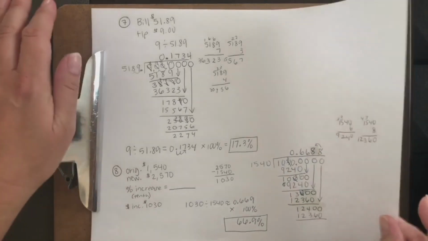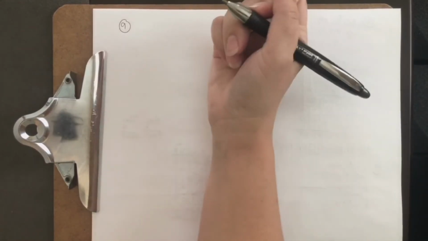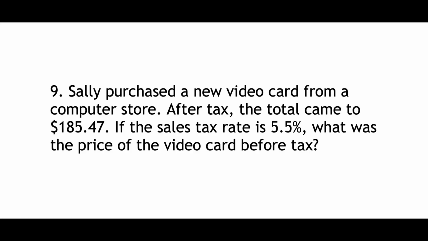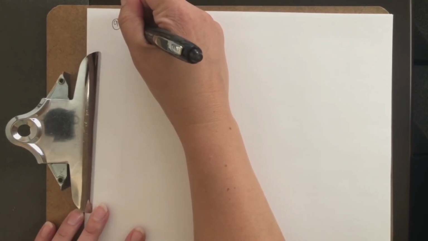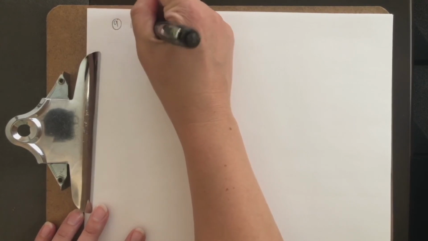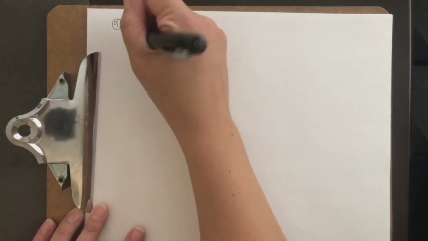Okay, let's look at number 9. Sally purchased a new video card from a computer store. After tax, the total came to $185.47. If the sales tax rate is 5.5%, what was the price of the video card before tax? So we have an item, the video card, and it is an unknown amount.